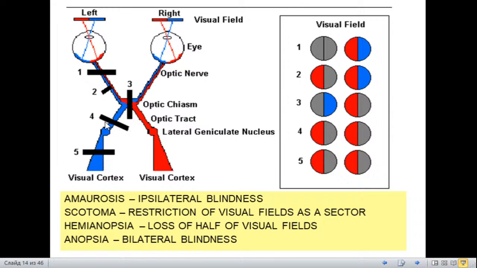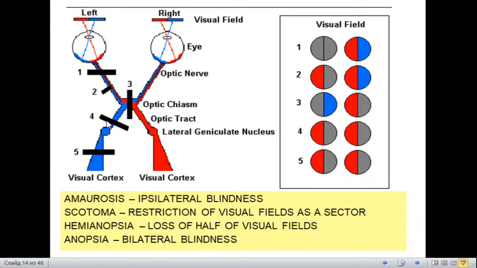And case number 4, damage to the optic tract. For example, the left optic tract, you see it is definitely blue and it gets its fibers, uncrossed fibers from its own side. You see they came from the lateral half of the retina responding for the nasal visual field. And another blue line came from the medial half of the contralateral retina controlling the temporal visual field at the right side.